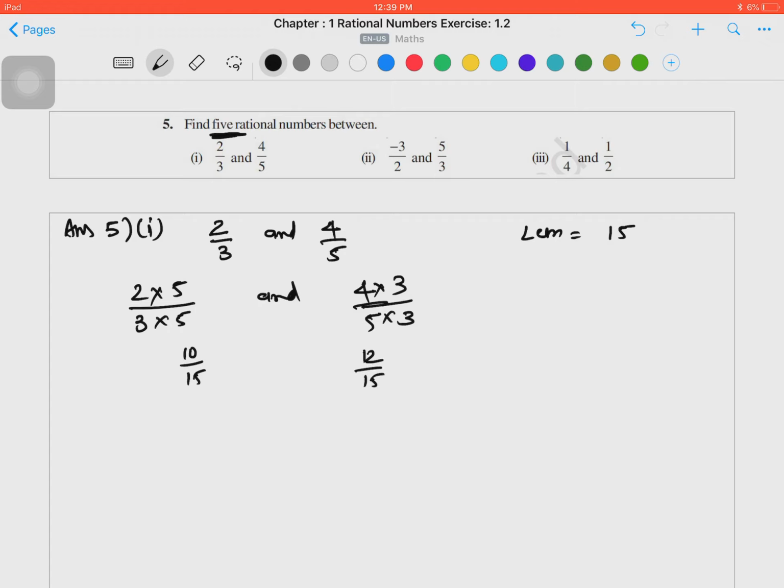Now you can see we cannot find 5 rational number, because between these two numbers we have only 1 by 15. So what we gonna do is, we again multiply the two number by 10, like we did in the previous one. From here the numbers will be 10 by 15, and from here it will be 12 by 15.